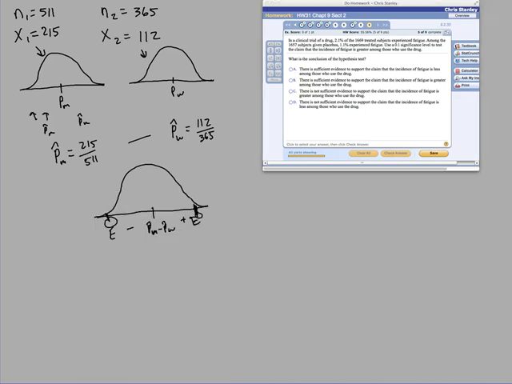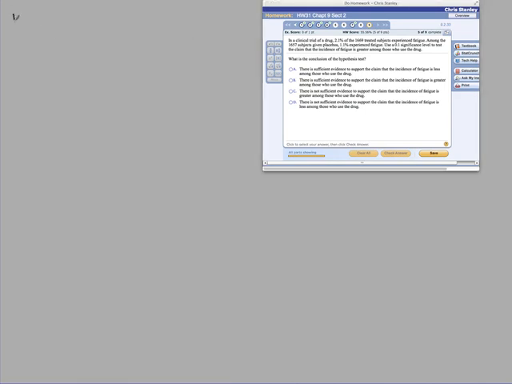Okay, so it looks like this problem, they give us the n's, and we might have to find the x's. Remember, they're going to get a p hat from here, and a p hat from here.